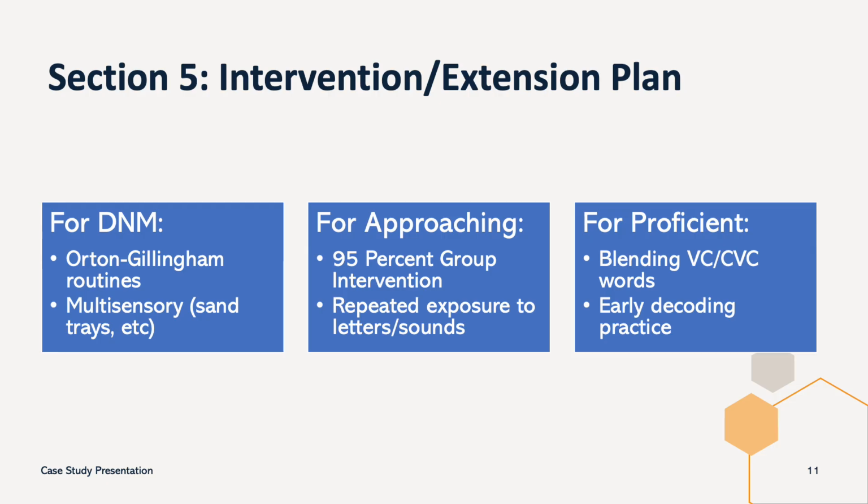This allowed them to apply their foundational letter sound knowledge to early decoding tasks and build their fluency. Overall, each group received instruction that directly matched their performance level, ensuring that students' time during intervention was purposeful and aligned to their specific needs.